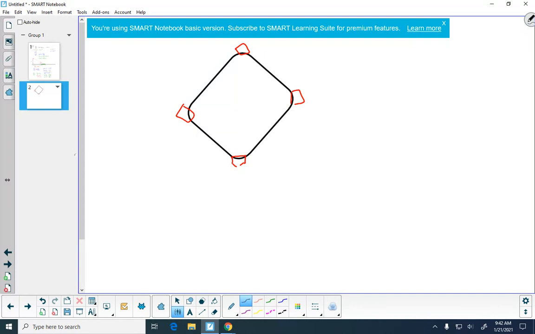And he's running towards first base. And we're 90 feet there to get to first base.